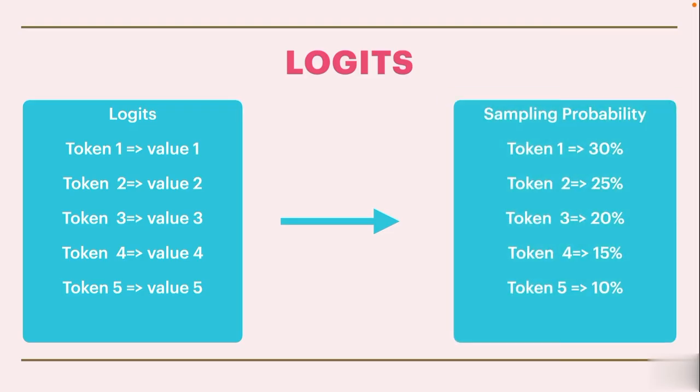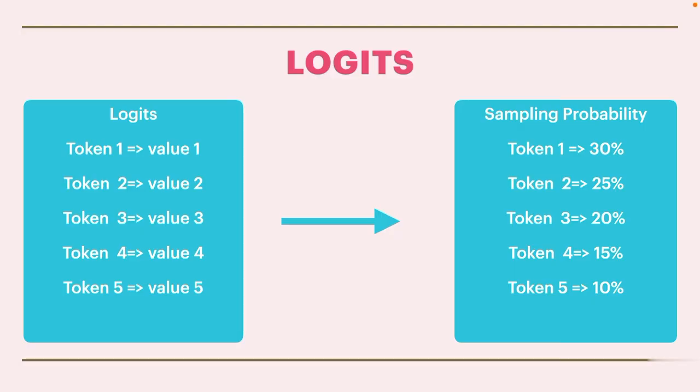In this example, to make things simple, just imagine that we have only 5 tokens instead of millions of tokens in reality. Each of these tokens has a probability of appearing next. Tokens with higher probability have more chances of going next. Now the question is, what happens when you change the temperature?